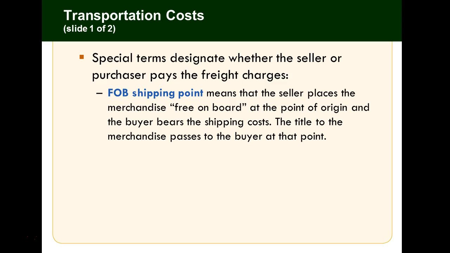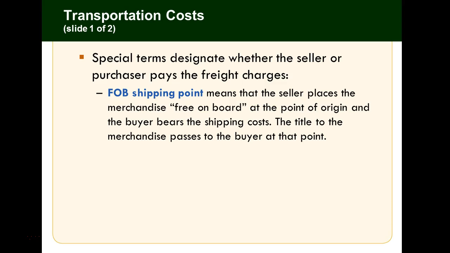Whenever we're dealing with merchandise, there's usually shipping involved. Someone has to pay the shipping. So when we see the terms FOB shipping point, free on board at the point of origin, what that means is the seller, the one who's selling the goods, gets them to the shipping point, and then the buyer ultimately has to pay the shipping costs.